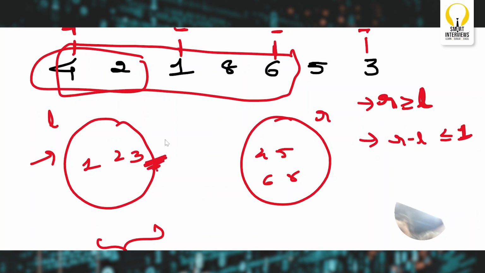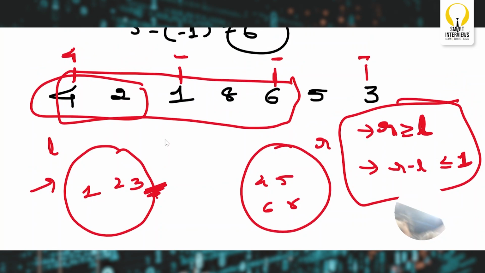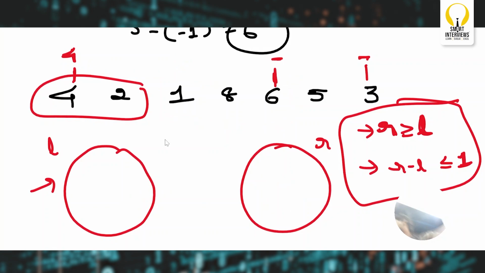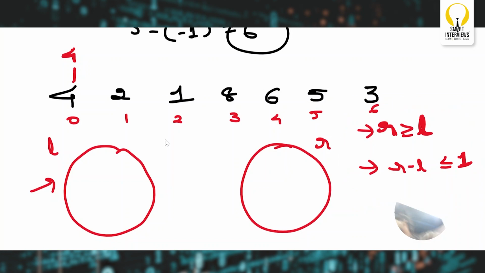If this is clear, I'm just imposing two more rules. At any point in time, the right size will be greater than or equal to the left one, and the difference between the sizes should be less than or equal to 1.